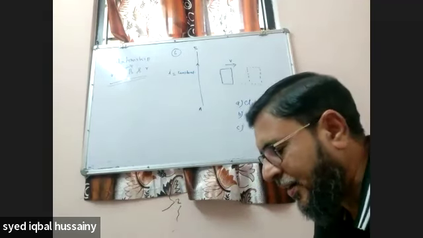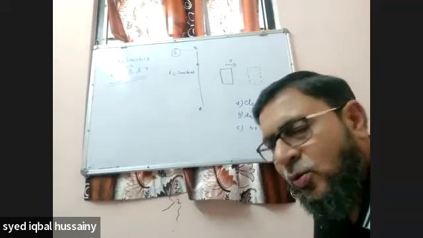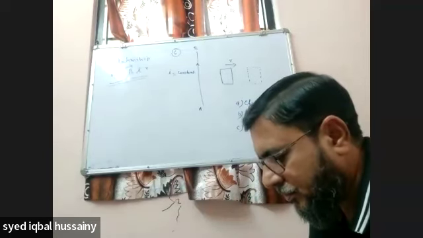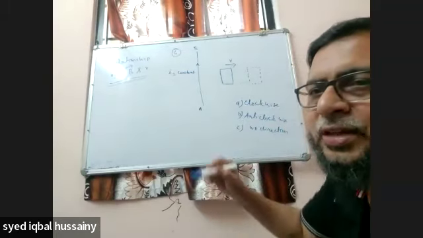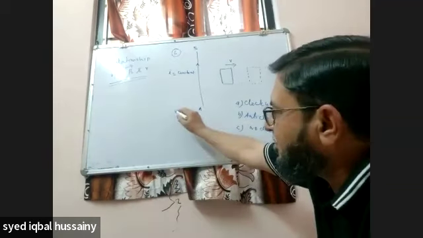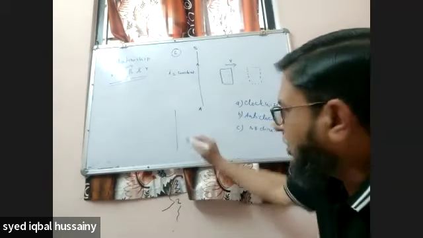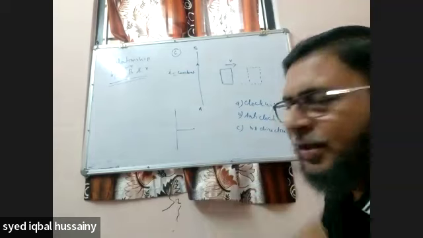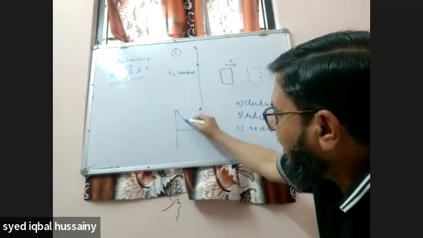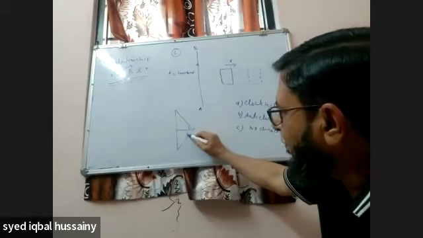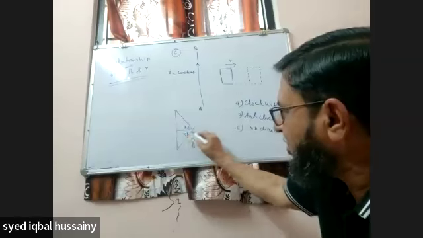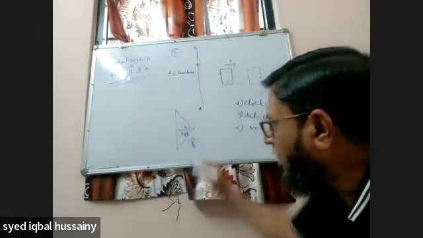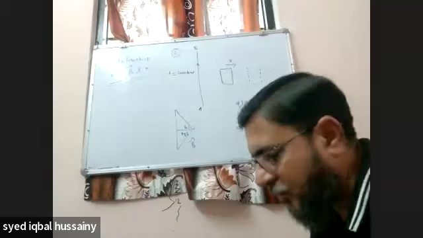Any one child? Okay, I'll give you a clue. There is a straight current carrying conductor, and at this point I need the magnetic field. From here I made an angle phi 1 and from here an angle phi 2. Now can you tell me the formula for the magnetic field with the distance d or r?